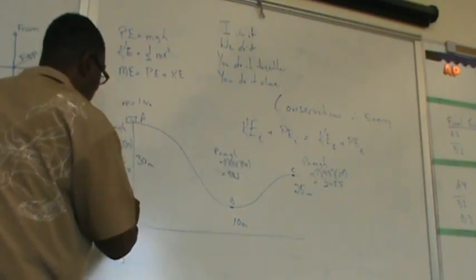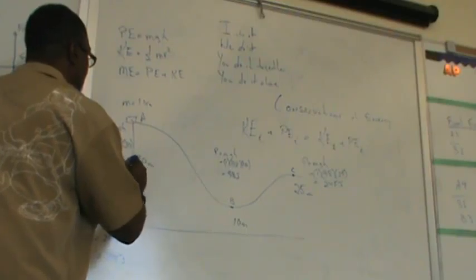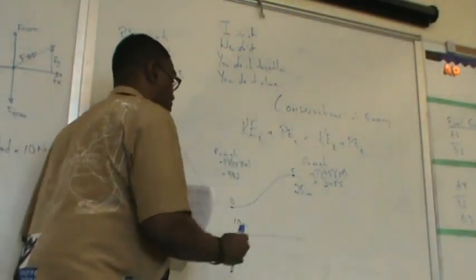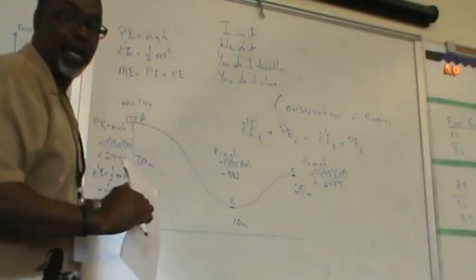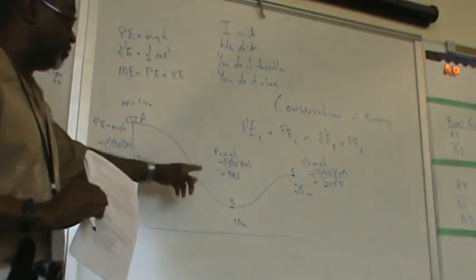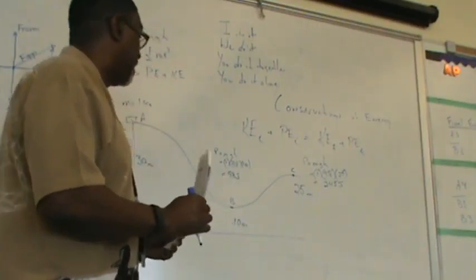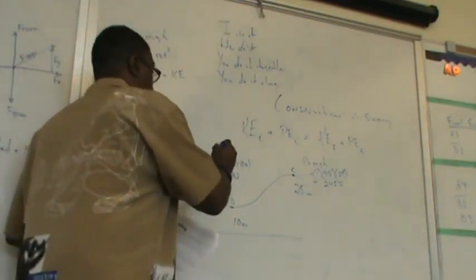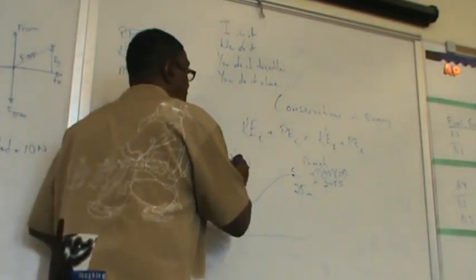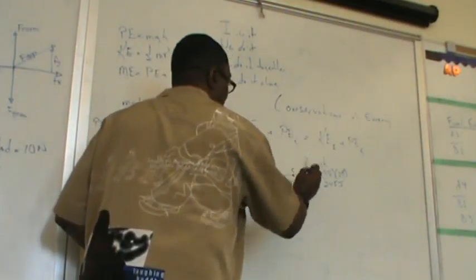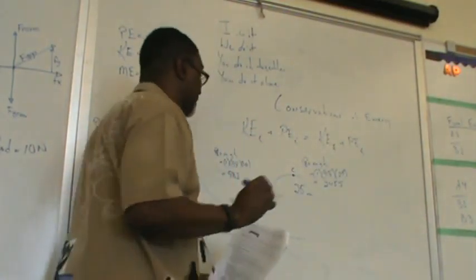And all this is measured in joules. I did it for point A, and I'll do it for point B, and we'll do it together for point C. This is supposed to be potential energy. Let's not get sloppy in our writing.